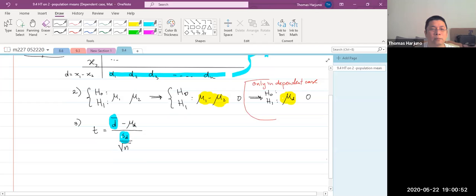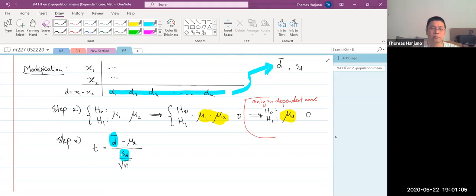Okay, that's the only difference actually in step 2 and step 3. That's the only difference. Some note.